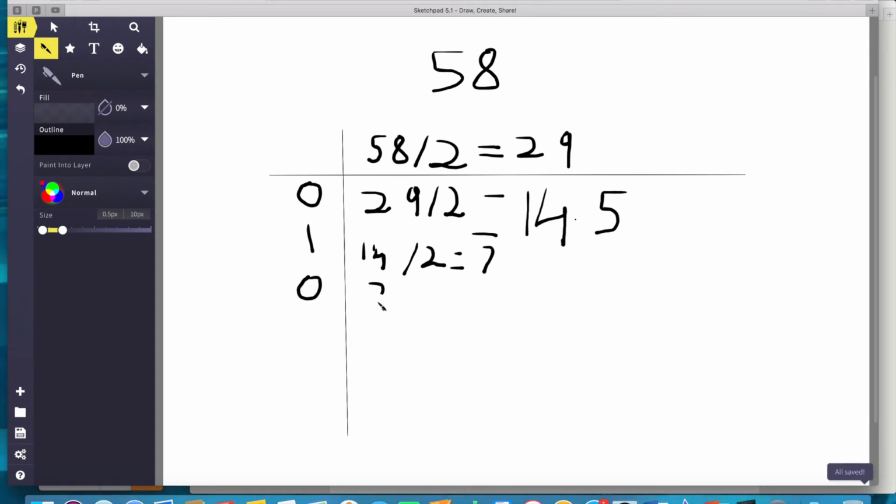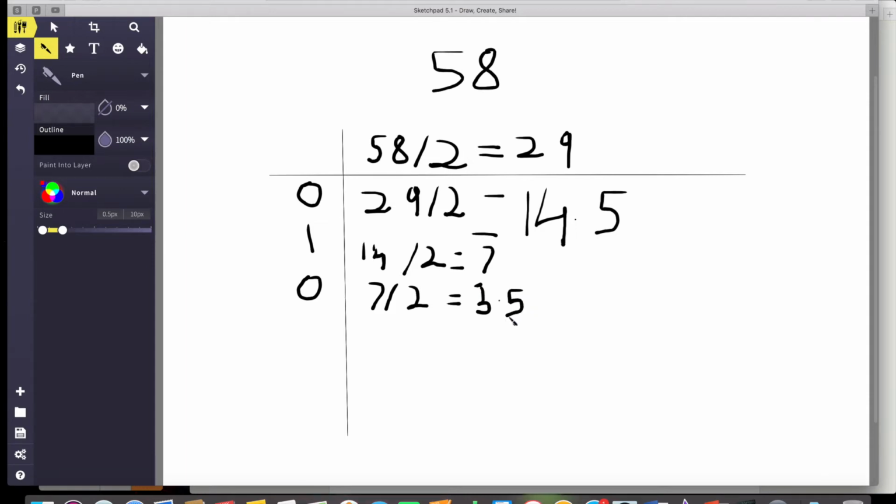Now 7 divided by 2 equals 3.5. 3.5 is a decimal, so it will give me 1.